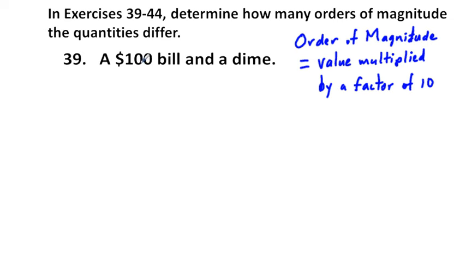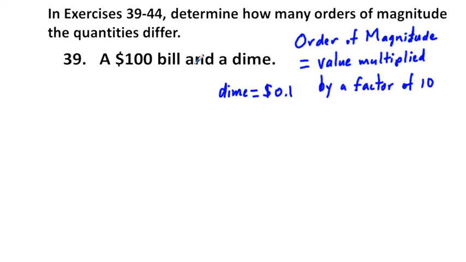Well, here we have between a $100 bill and a dime. What we have is different units. We have a dime. Well, we have to know how many dimes there are in a $100 bill. So what we can do is change this dime, and a dime is equal to $0.1. All right.